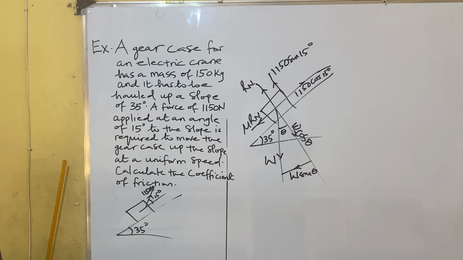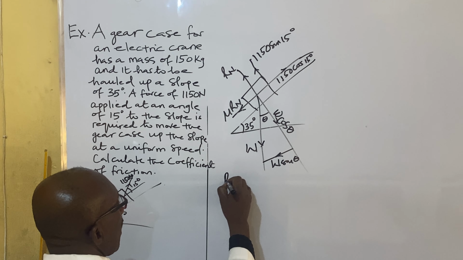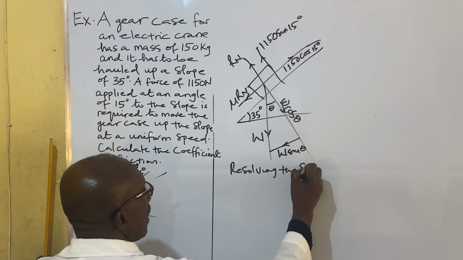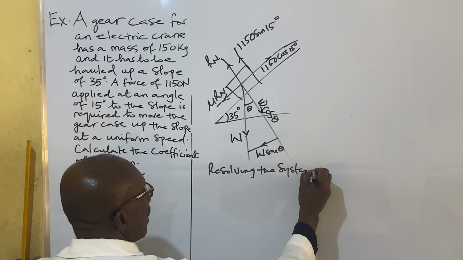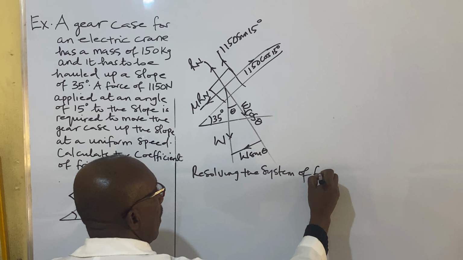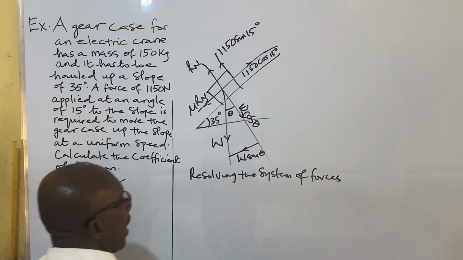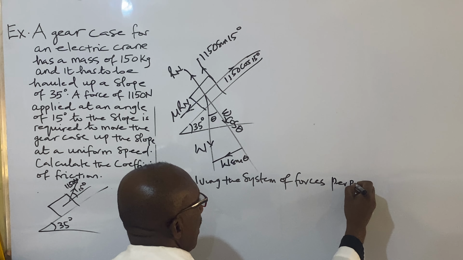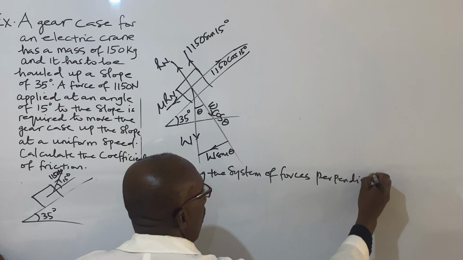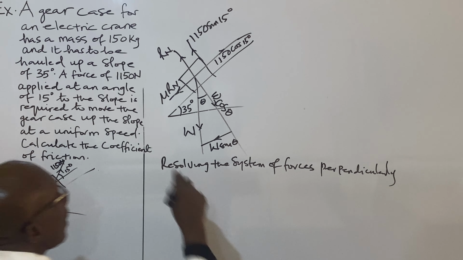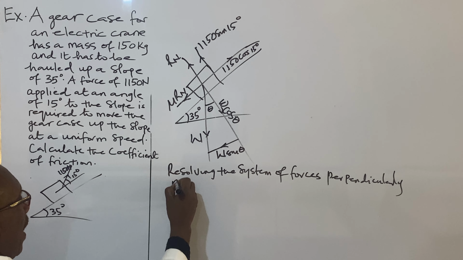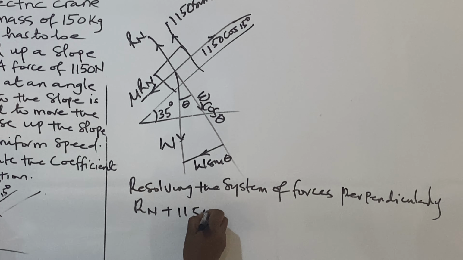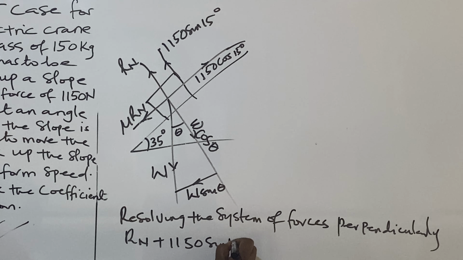Now, let's see. Resolving the system of forces in the perpendicular direction, we have Rn plus 1150 sine 15 degrees.